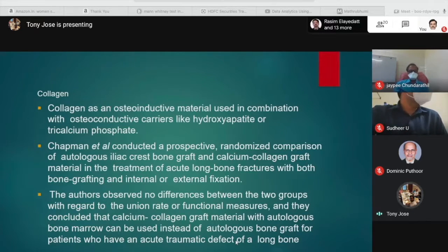The authors observed that there is no difference between the two groups with regard to the union rate or functional measures, and they concluded that the calcium collagen graft material with autologous bone marrow can be used instead of autologous bone graft for patients who have acute traumatic defect of a long bone.